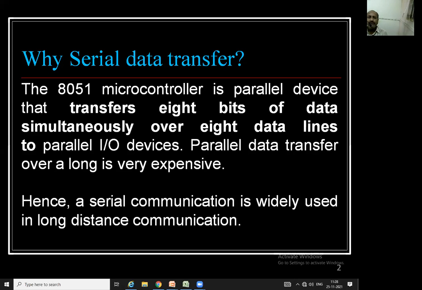The reason is that parallel data transmission over a long distance is very expensive. That is one of the major reasons for choosing serial data transfer. That's why serial communication is widely used in long distance communication.